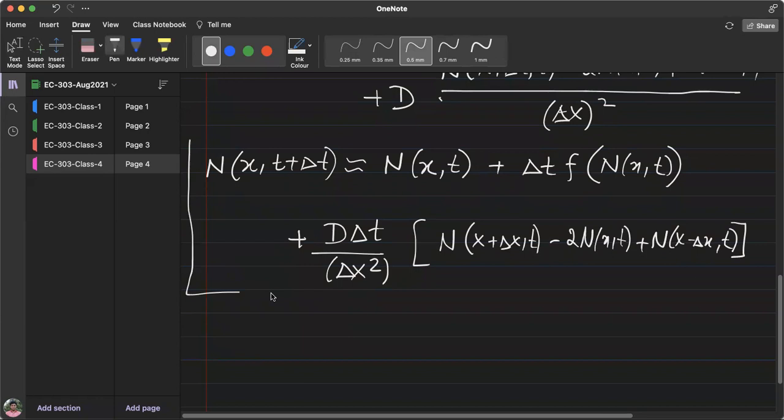Really, simulating, so numerically integrating. Usually the word simulation is used when we have stochastic variables, otherwise numerical integration.